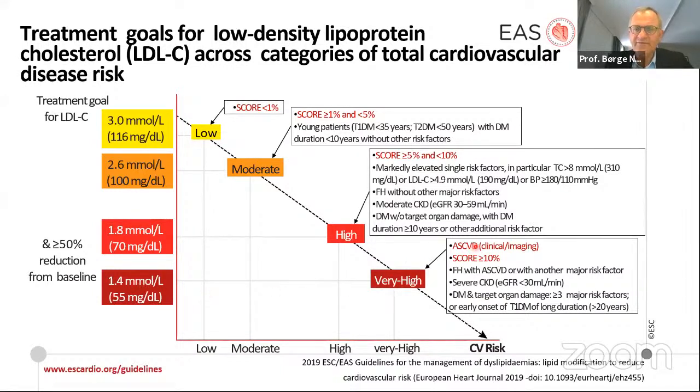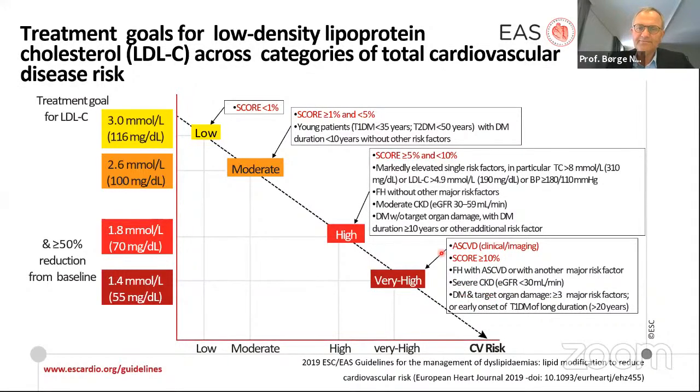As you can see, for the very high, certainly all the ones with atherosclerotic cardiovascular disease, myocardial infarction, stroke, that's the two most important, but also with a so-called SCORE risk more than 10%. I'll come back to that. But there's also others here: FH with ASCVD, severe chronic kidney disease, diabetes mellitus, some of them.